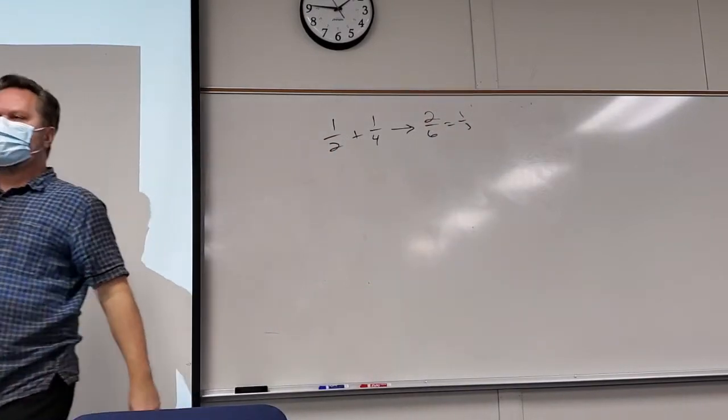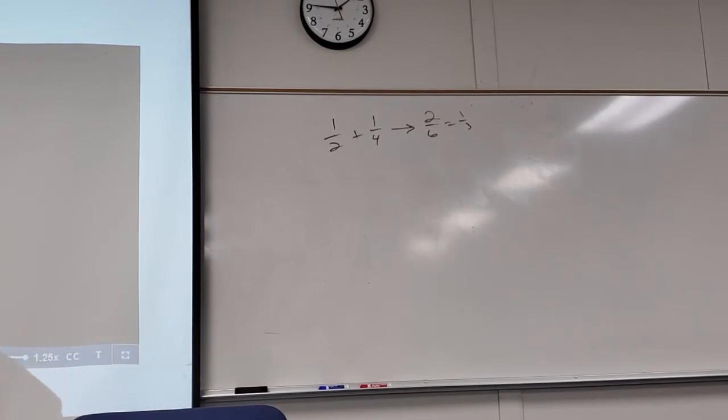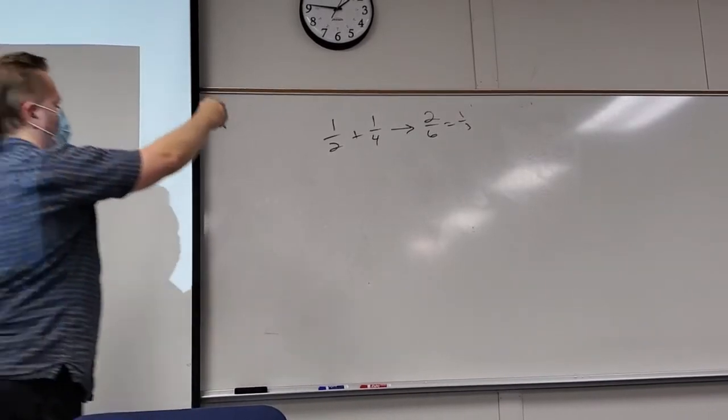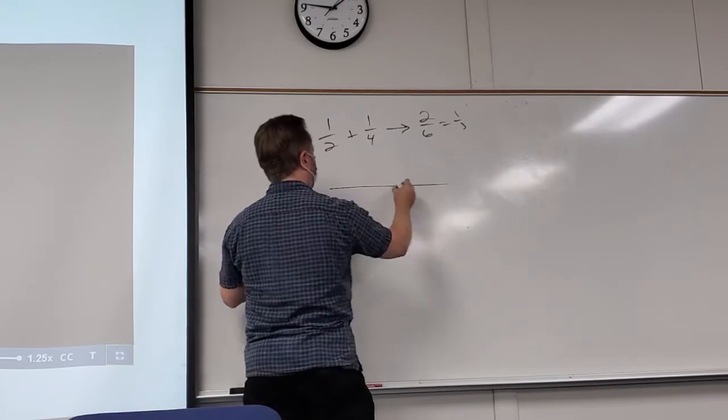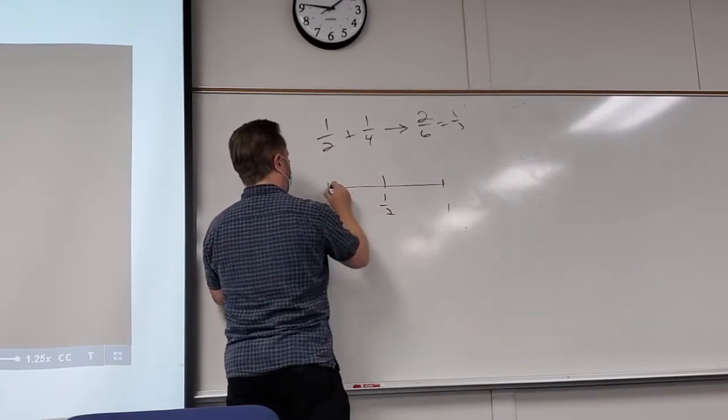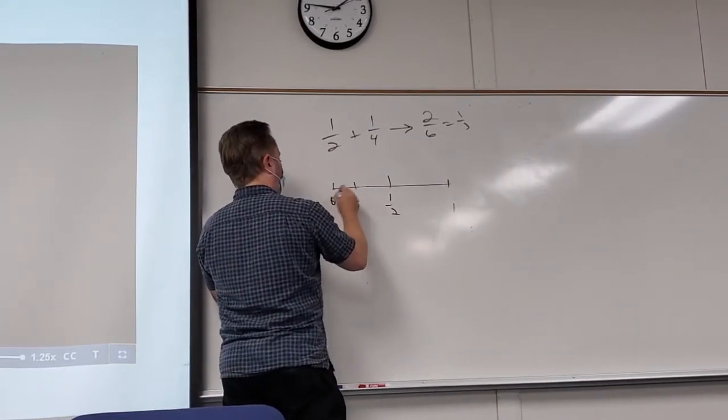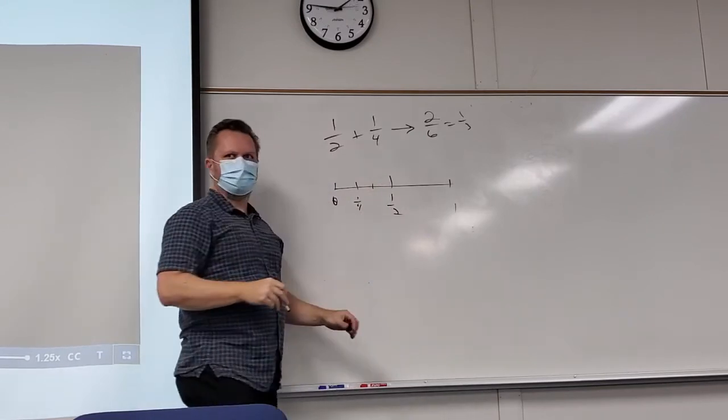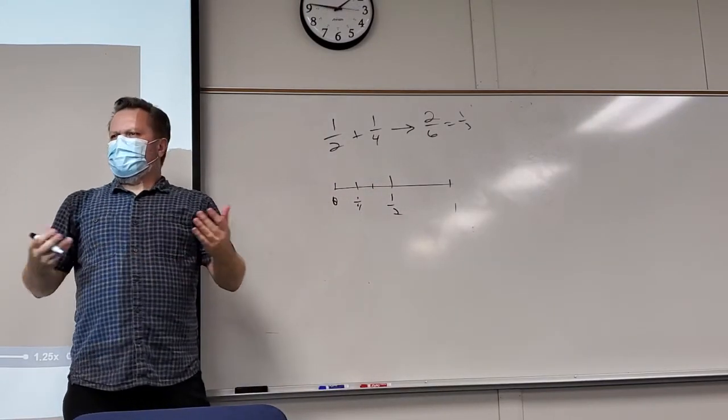If you ever do that, every time you do that, the answer you get is between the two original fractions. Do you understand? Isn't 1/3 between 1/2 and 1/4? Yeah. 1/2 would be halfway, 1/4 would be there, 1/3 would be in there somewhere. Isn't that kind of neat, maybe, a little bit?